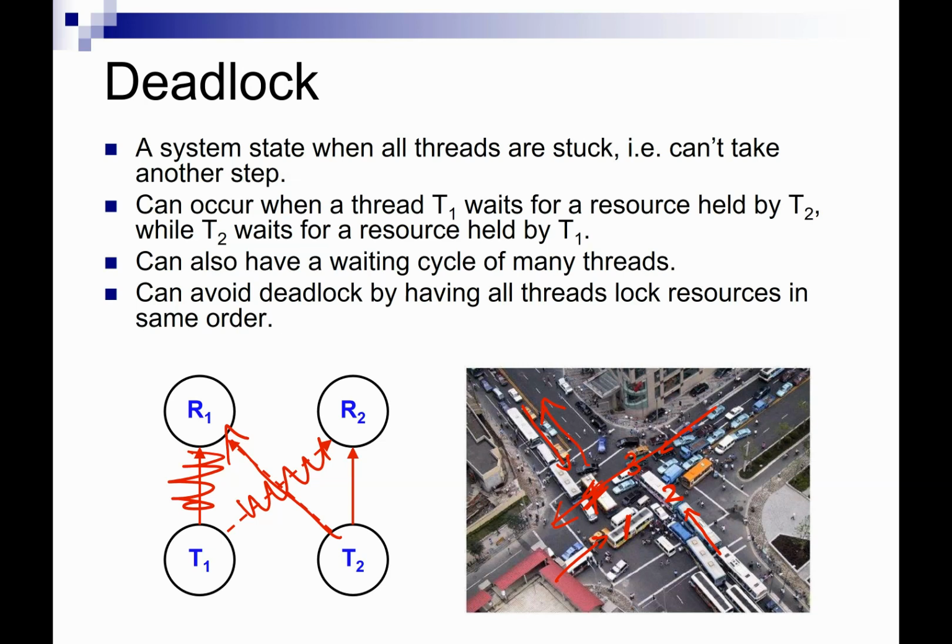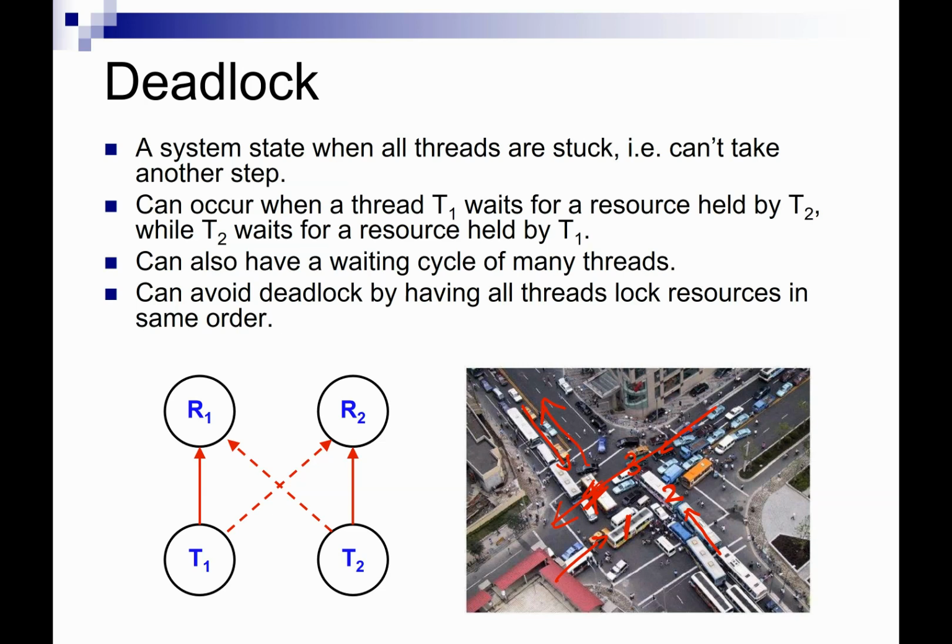Let's suppose that initially T1 knows it needs R1, and T2 knows it needs R2. But at the beginning, T1 doesn't know it needs R2, and T2 doesn't know it needs R1. So in that case, T1 is going to lock R1, T2 is going to lock R2. But then later on, if they try to lock the other resource, again, they'll be stuck.